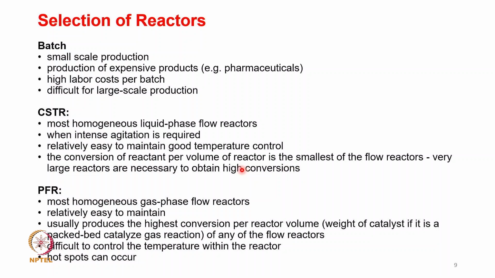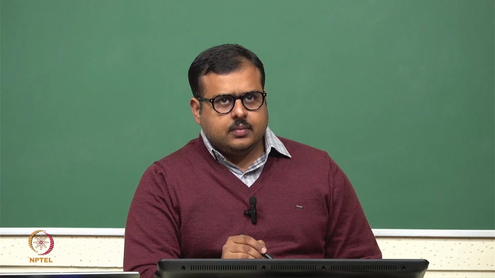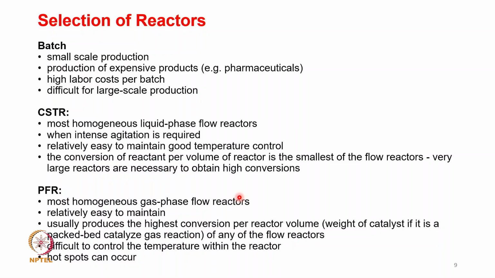Now go to the third reactor that we have seen, the PFR. CSTR is mostly homogeneous liquid phase; in PFR, it is mostly homogeneous gas phase. It is relatively easy to maintain, and usually produces the highest conversion per reactor volume of any of the flow reactors.